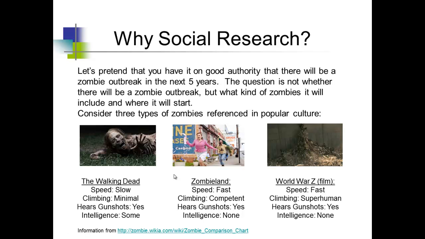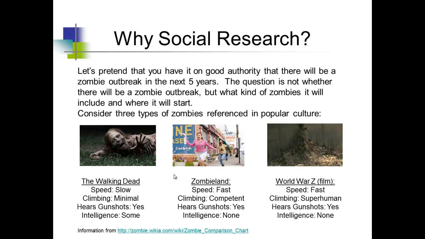All right, so one of the things that is a little different about this class that you might not have already picked up on is that I like to use examples from pop culture. I'm a huge fan of TV in general, and so I will try to frame examples around TV shows that you may or may not be familiar with. I think it helps make the material a little more interesting and engages students more.